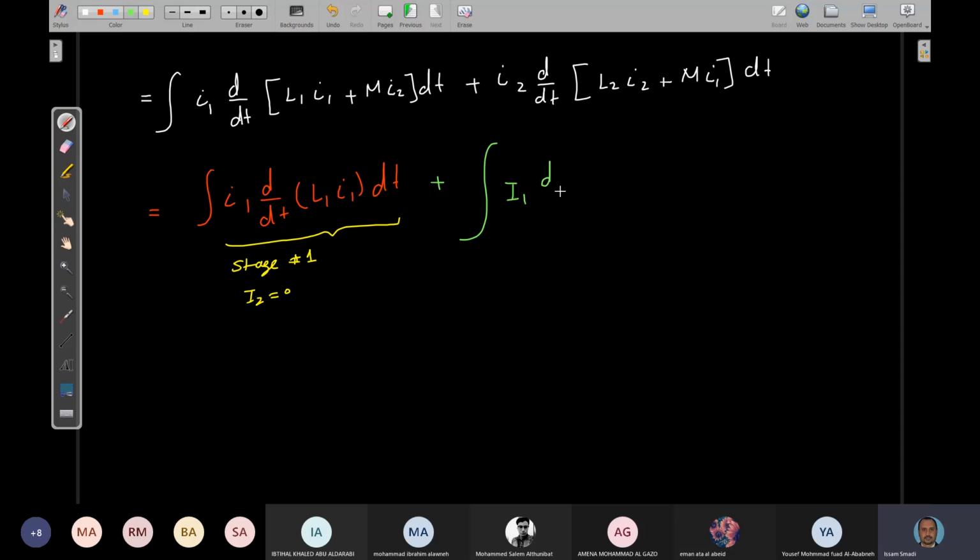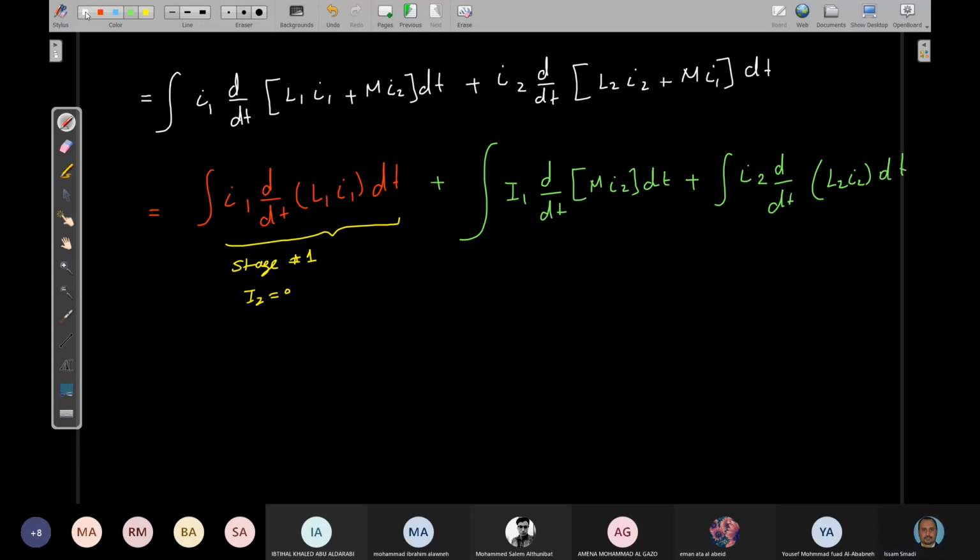I1 d by dt of M I2 dt, plus this one is equal to 0, plus the integration of I2 d by dt of L2 I2 dt.